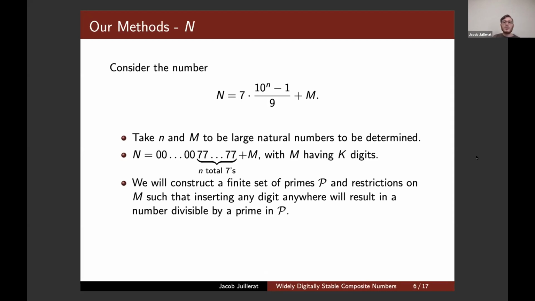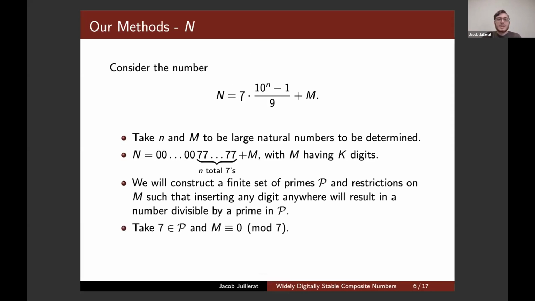And the way we're going to make this widely digitally stable is we're going to construct a finite set of primes, script P, and restrictions on M such that inserting any digit anywhere will result in a number divisible by a prime in P. So we will have a finite set of primes such that any of the insertions will result in a number divisible by one of these primes.